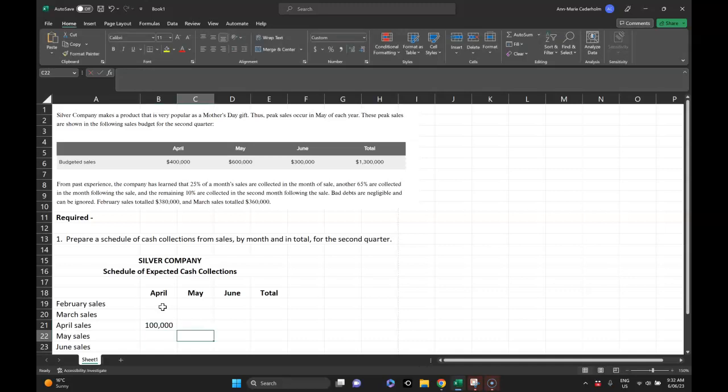Then in May, we're going to collect the 400,000 multiplied by 65%. So that's the second month. And then in June, we're going to finish collecting the rest of April's sale. So 400,000 times 10%.